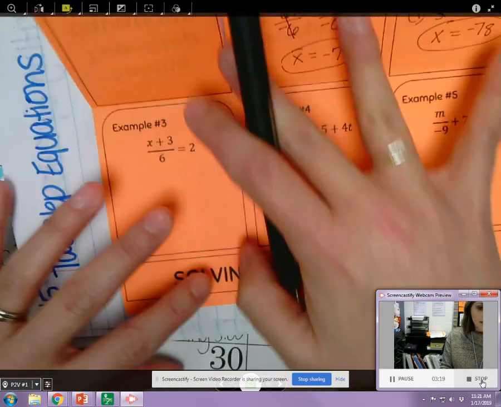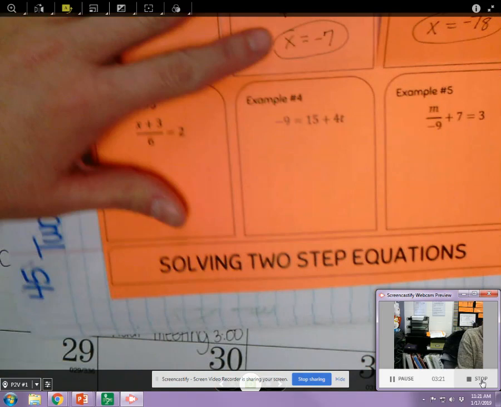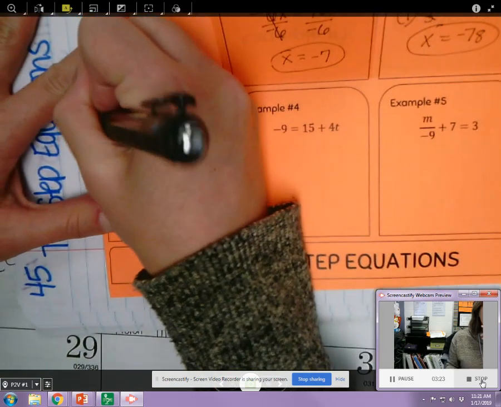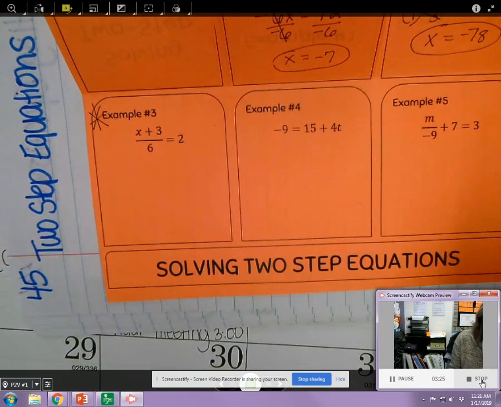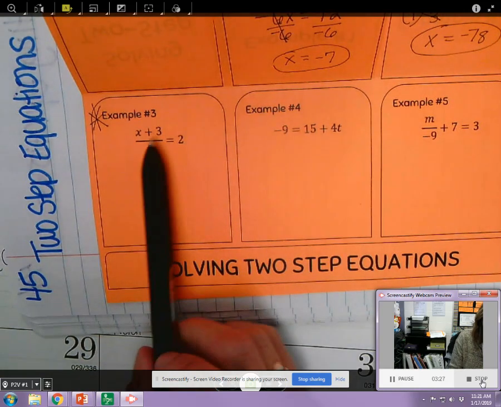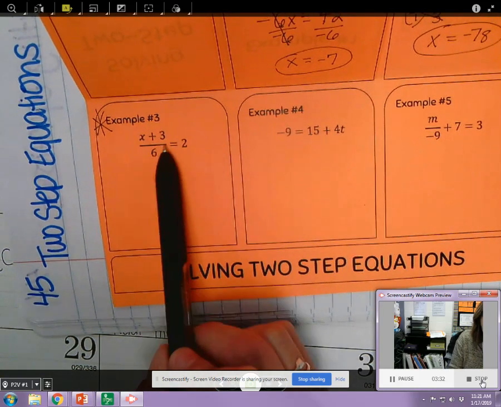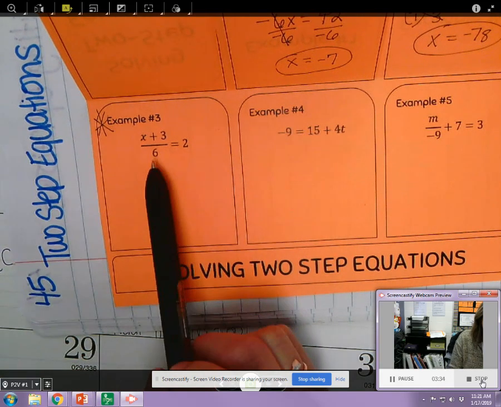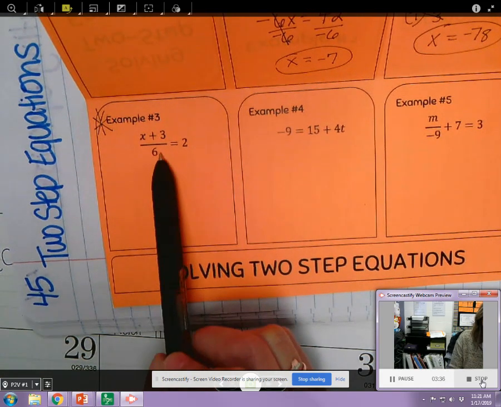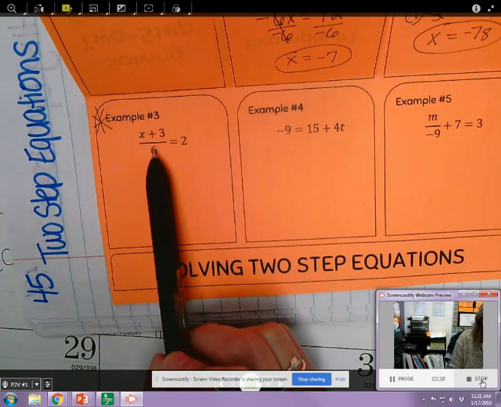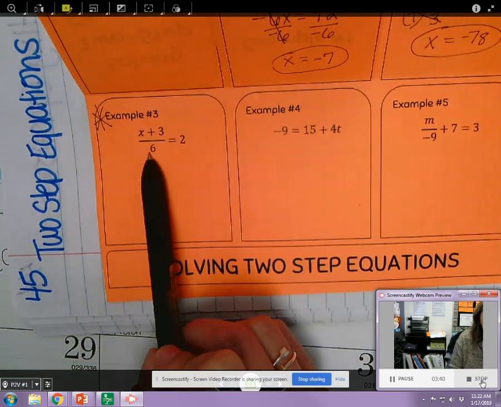Okay, now number 3, I want to put a big star beside it because it is special because of the way it is written. The addition problem is being divided by 6. So this is a special equation because we actually have to do the inverse of the division first.